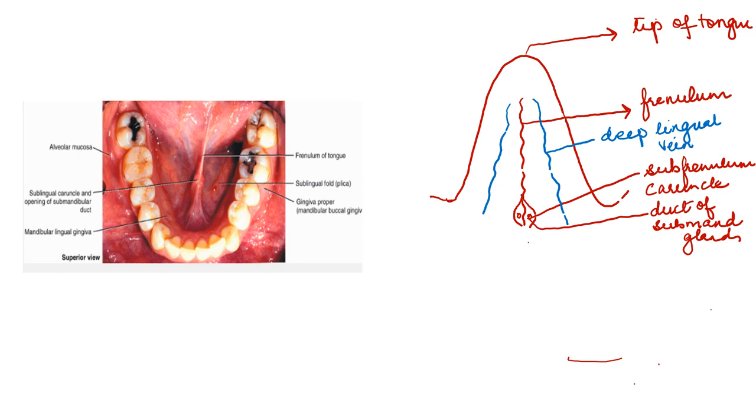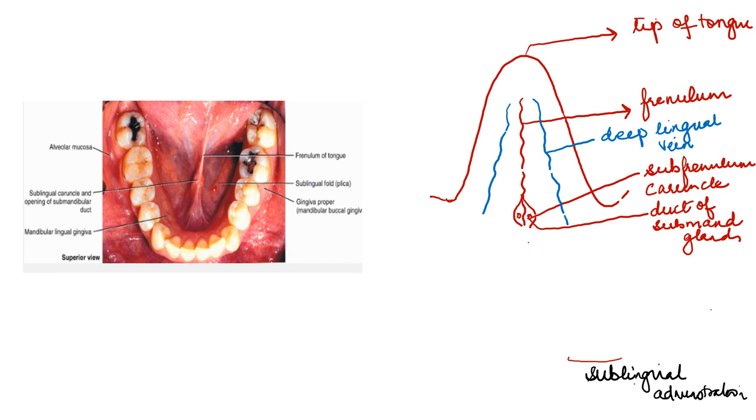So it enters straight into the circulation and bypasses the GI cavity. Such a mode of administration of drugs is known as sublingual administration. And the basis of the sublingual administration of drugs is this deep lingual vein, which is present on the ventral or the inferior surface of the tongue.